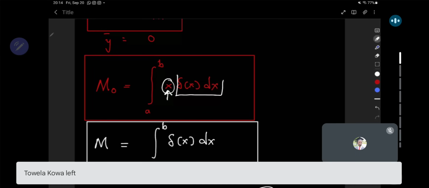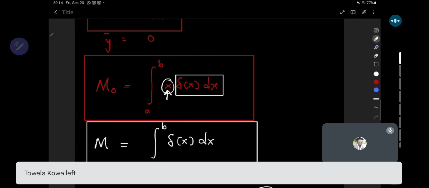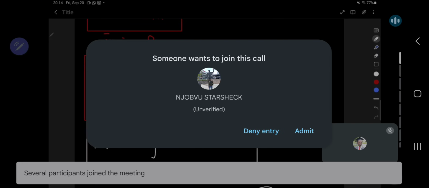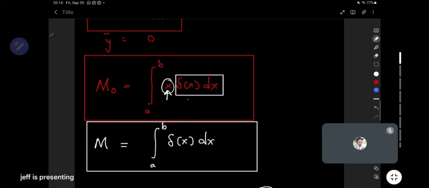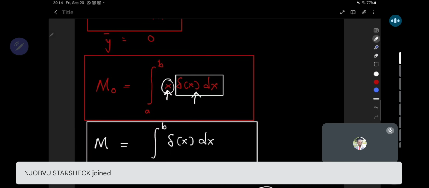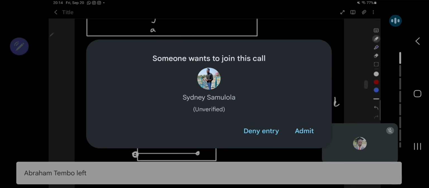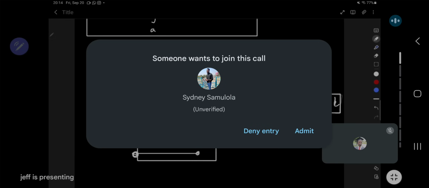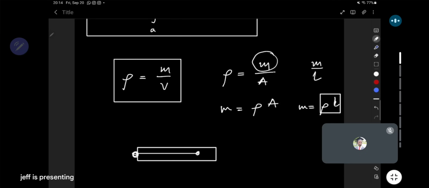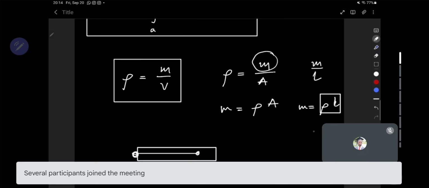And this part here is just giving us the mass. So here we're getting the moment due to a mass. So this density times dx is basically just trying to give us the mass part. You can look at it as density times the length, but the length expressed as a differential length since this is going to be changing.